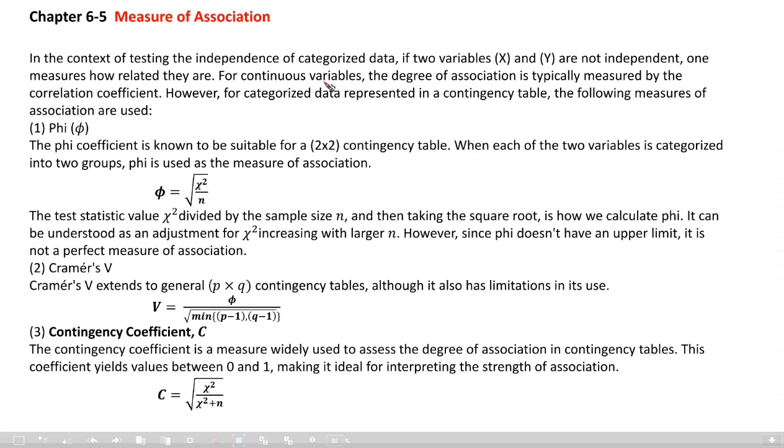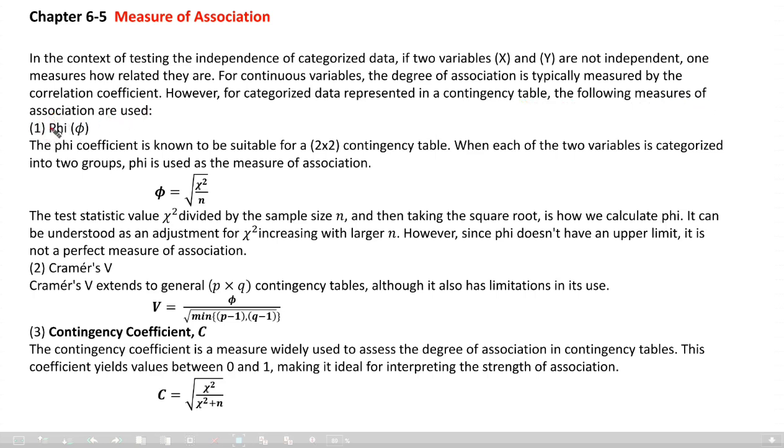For continuous variables, the degree of association is typically measured by the correlation coefficient. However, for categorized data represented in a contingency table, the following measures of association are used.